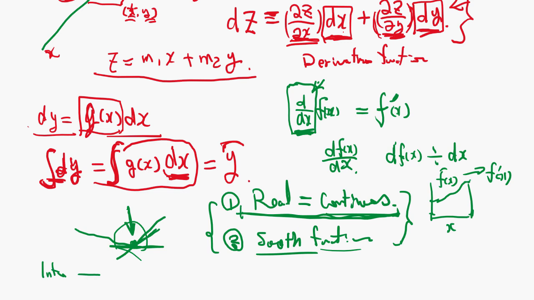How about if you take any p over q? What is this? The rational number. And the rational number is not continuous.